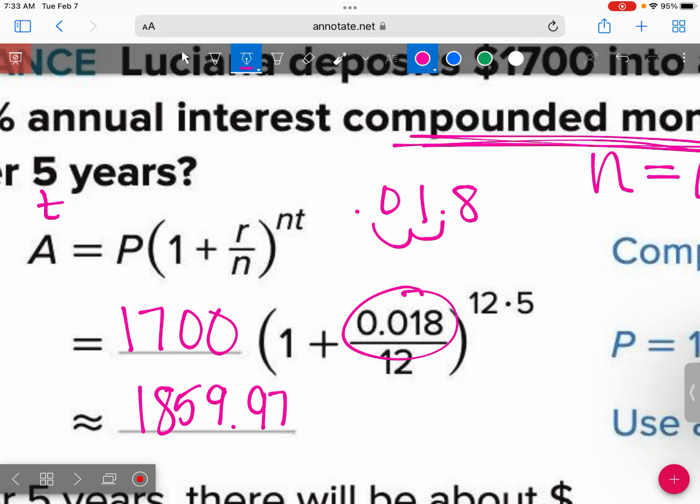But you can also plug it in as 12 times 5. Just don't forget to plug it in as 12 times 5, okay? Then click enter, and you should get the correct answer here. So after 5 years, there will be about $1,859.97 in Luciana's savings account.